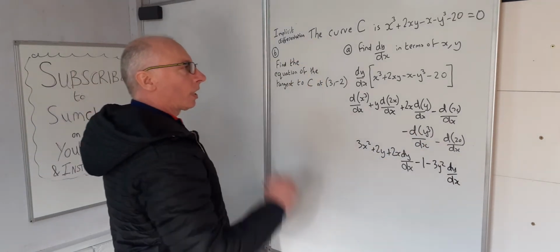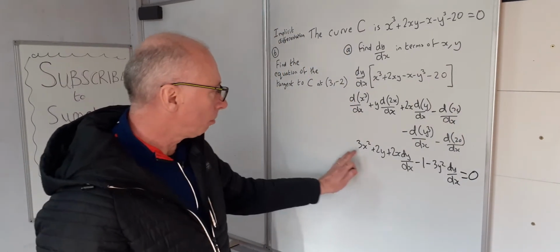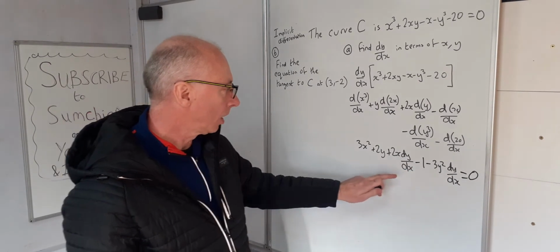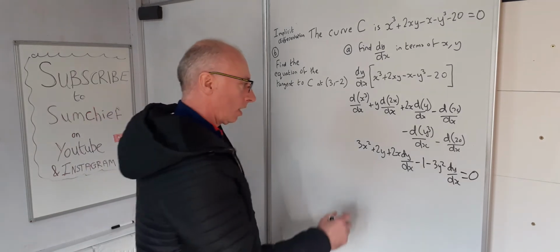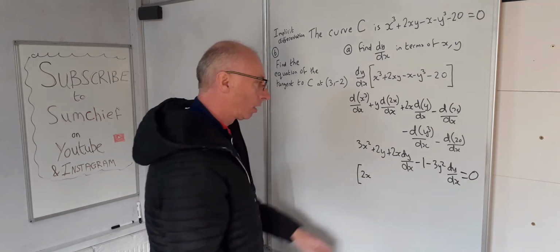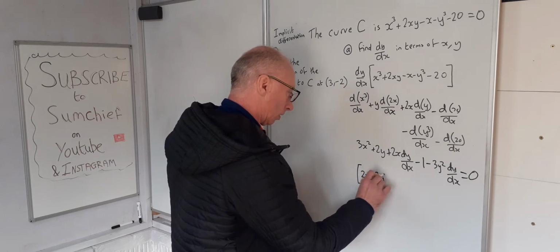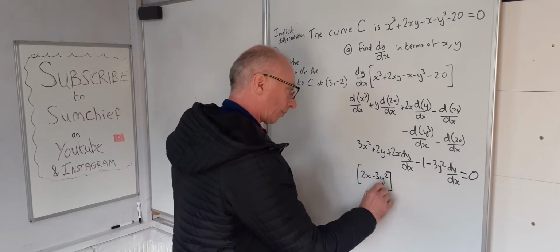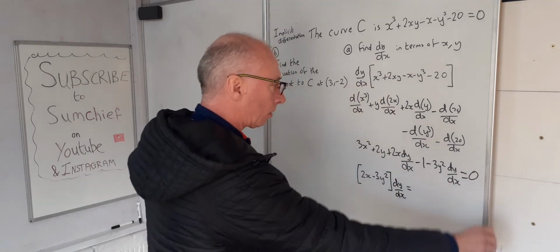So now we put the equals 0 back in, and we're going to move all these terms around to isolate the dy/dx. We've got a 2x and a minus 3y squared with the dy/dx, so that's 2x minus 3y squared, all times dy/dx. Then we move everything else to the other side.